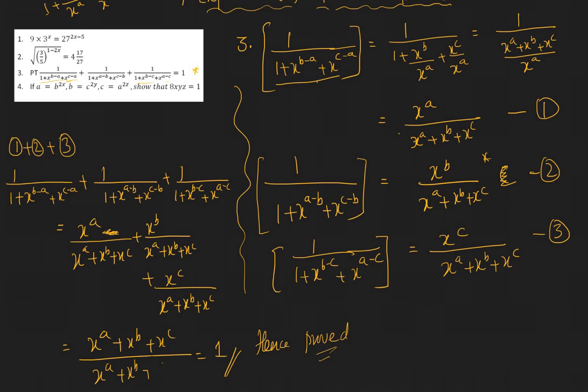So let's look into the next problem, which is: a is given as b power 2x, b is c power 2y, and c is a power 2z, and show that 8xyz is 1. Somewhere I know that if I can multiply all these quantities, then I would get 8xyz.